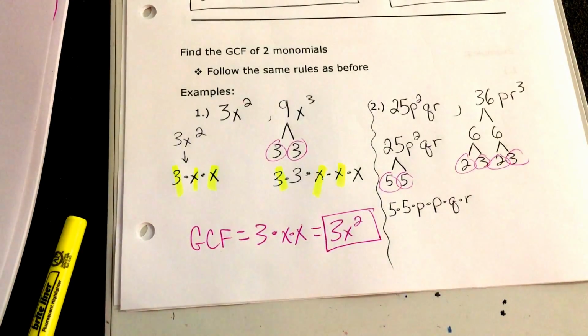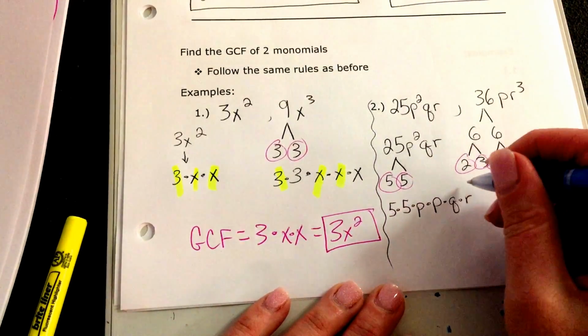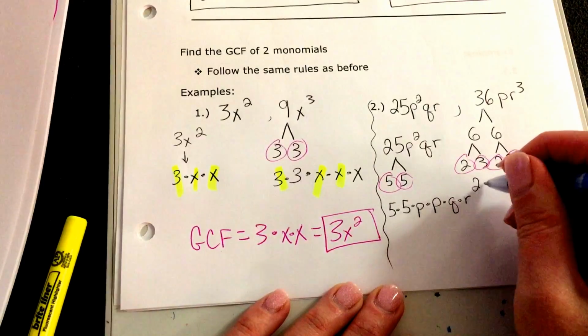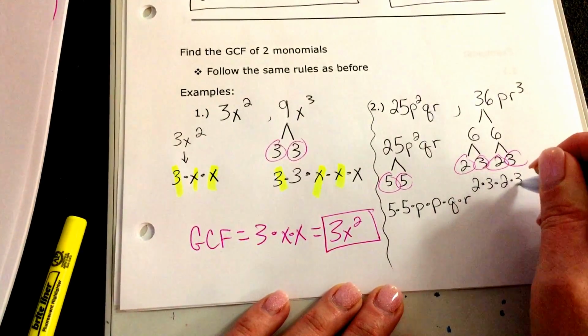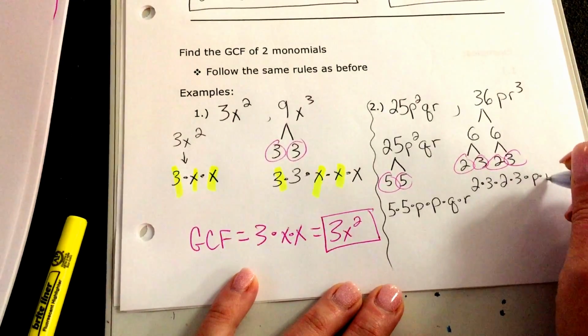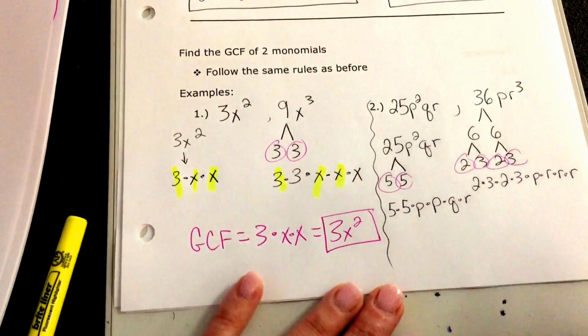So your greatest common factors on this one are going to be 2 times 3 times 2 times 3 times p times r times r times r.